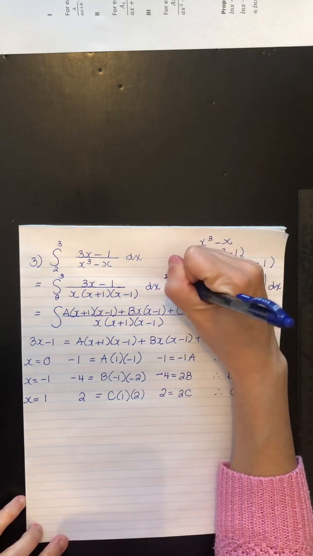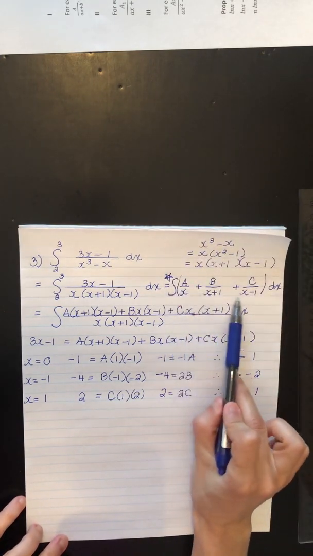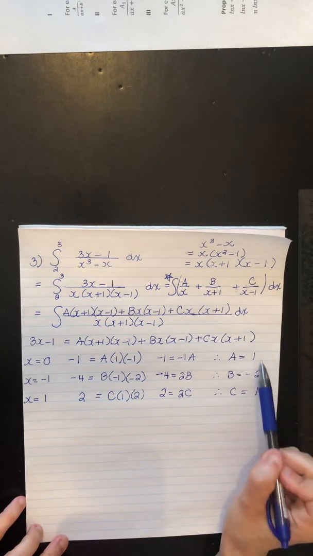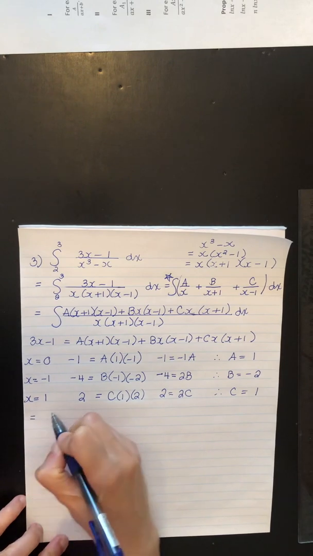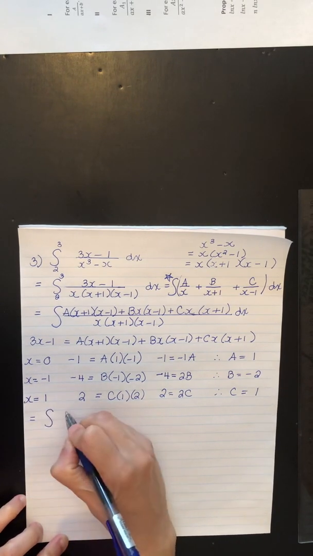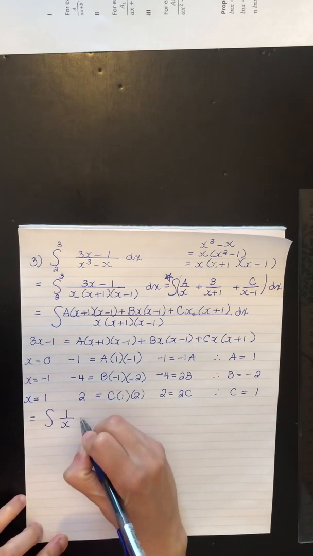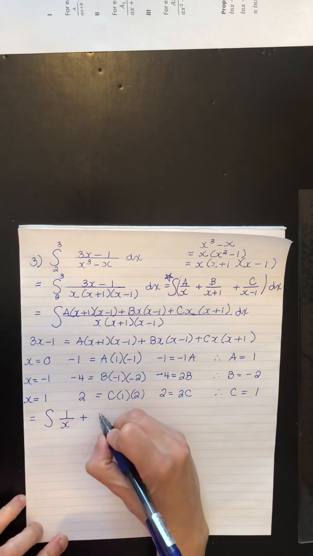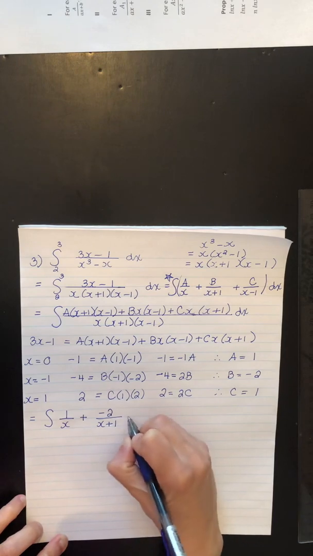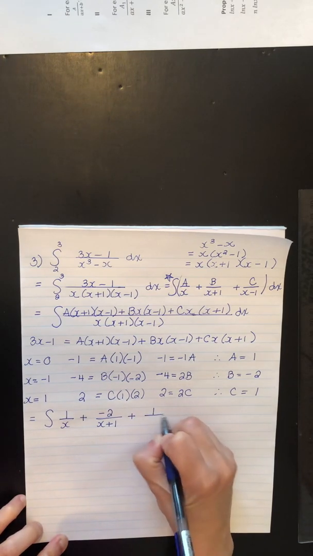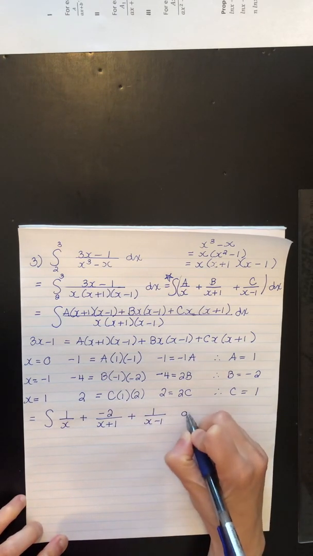We will go to this form now, substituting our values for a, b, and c, and then integrating. So 1 over x, negative 2 over x plus 1, and 1 over x minus 1.